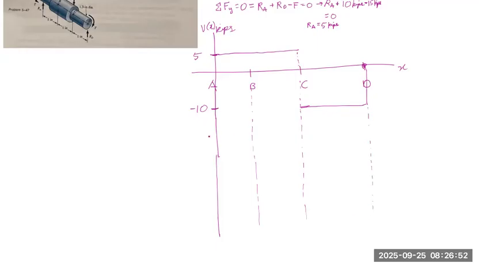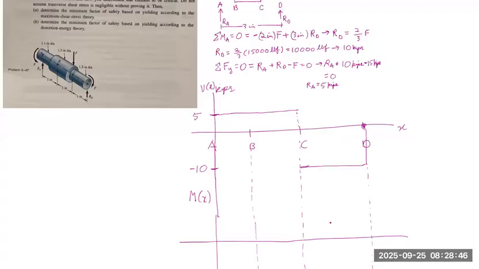So M(x). As we noted earlier, there's no existing moment at point A or point D because both ends are free. They are not fixed to a wall, so the wall does not exert a moment on the beam. So we will start at 0.